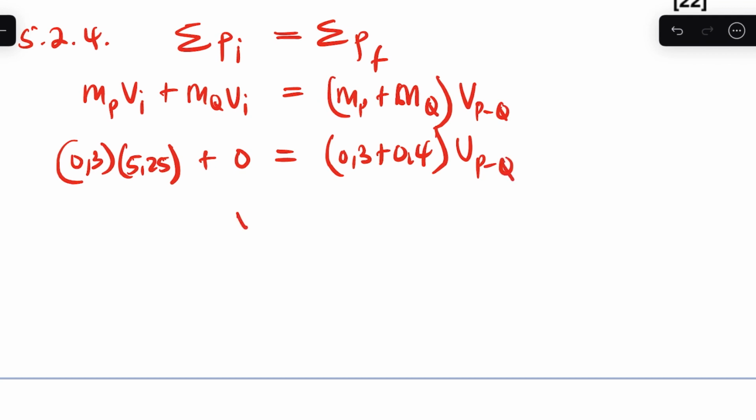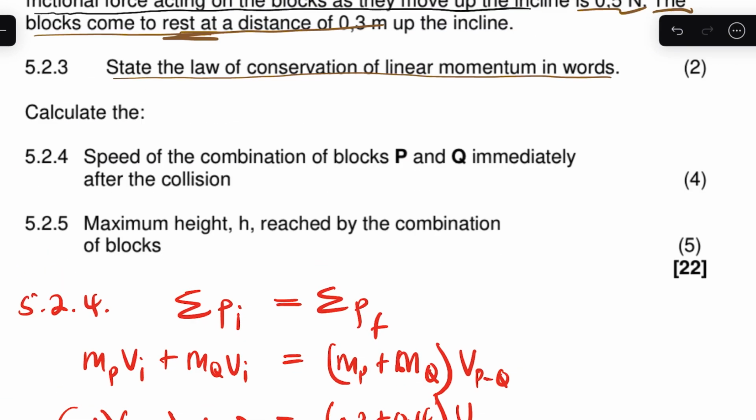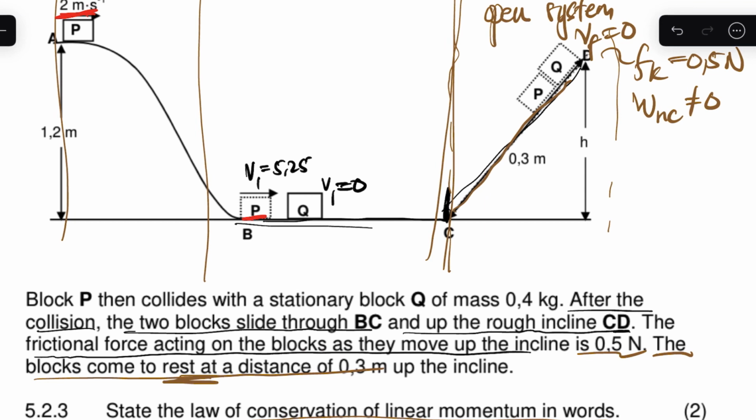So if you do the math there, guys, the velocity that you're going to get when you divide is going to be 2.25 meters per second, right? This is the velocity that they have after collision when they move to here.